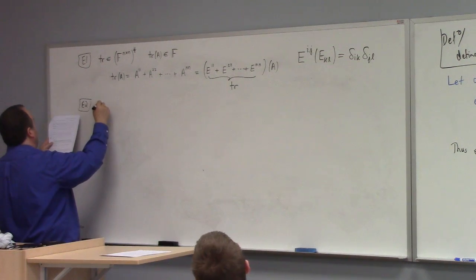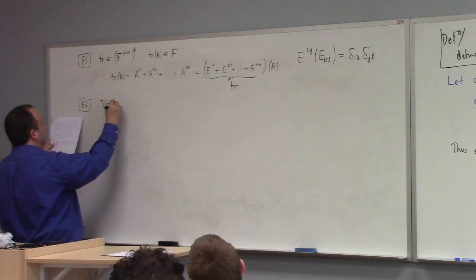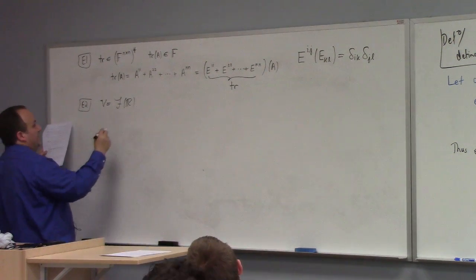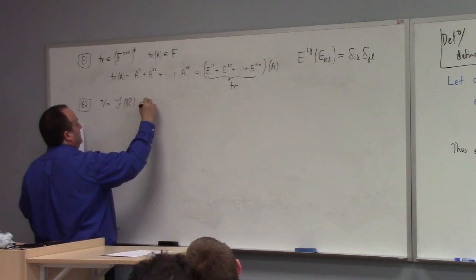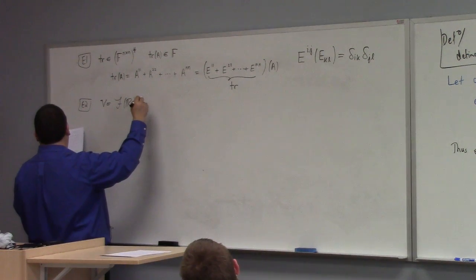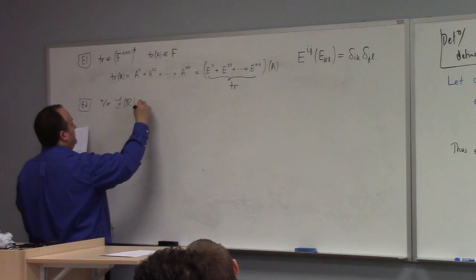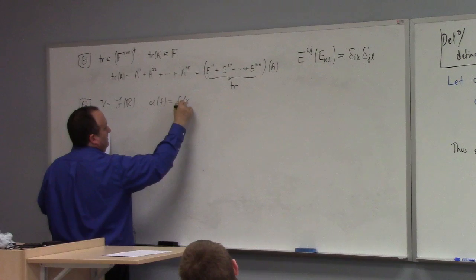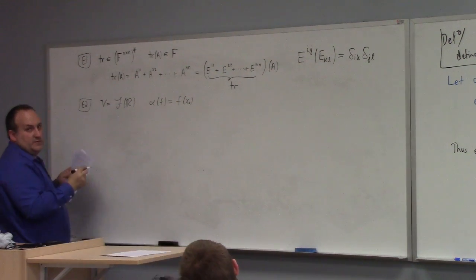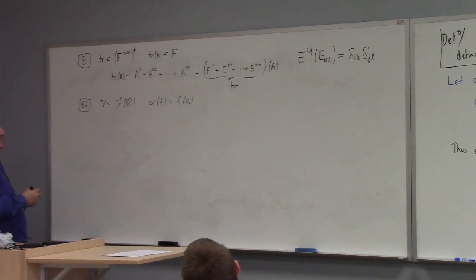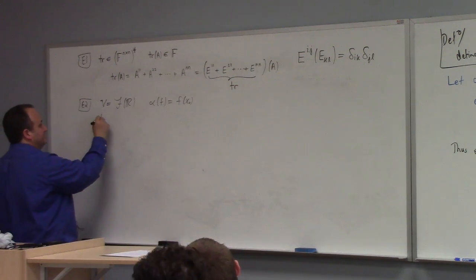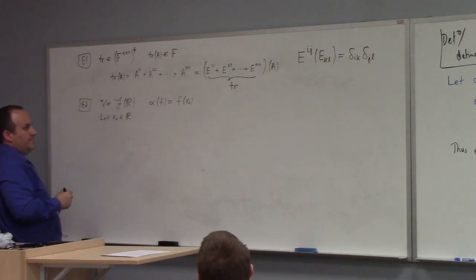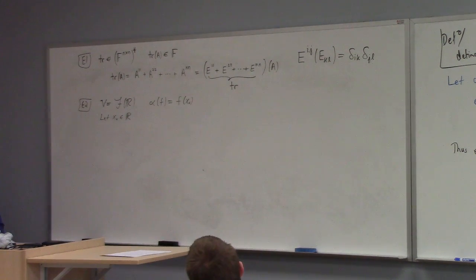is we could talk about V as functions over the reals. We could say alpha of f is equal to f of x naught, where x naught is an element of R. I think this is really just what again?